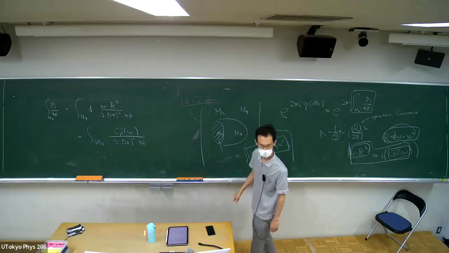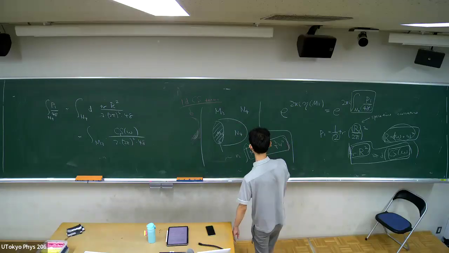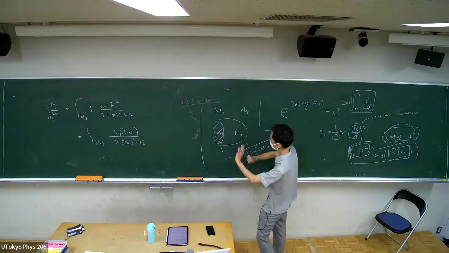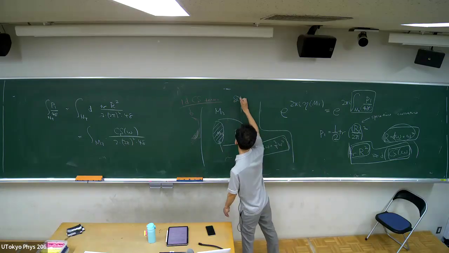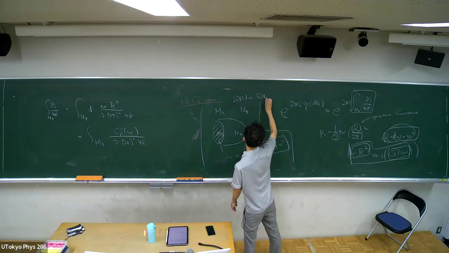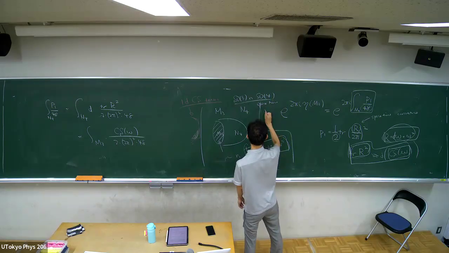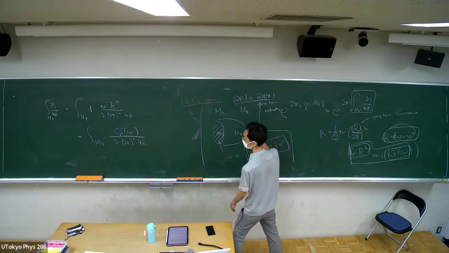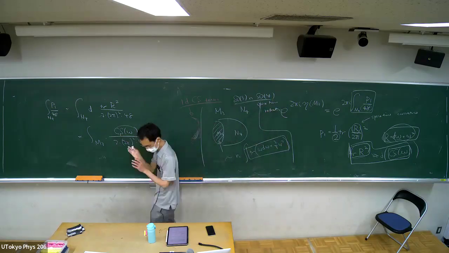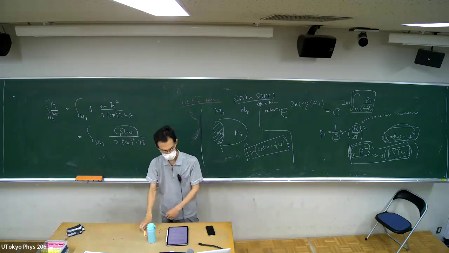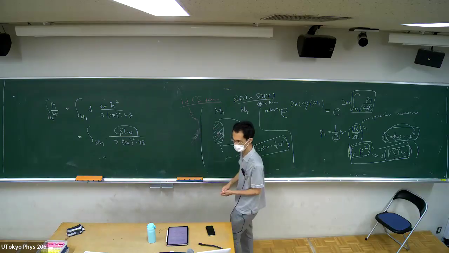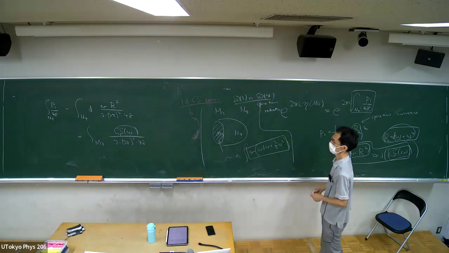Yes. Gauge group is the space-time rotation, so SO3 or SO4. So this Chern-Simons term, if you put in the Kubo formula, will give you thermal Hall conductance, the quantized thermal Hall conductance.